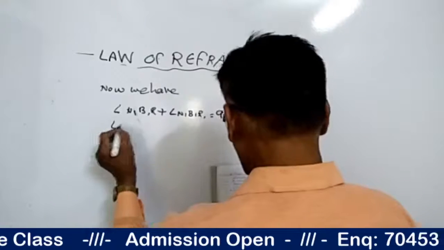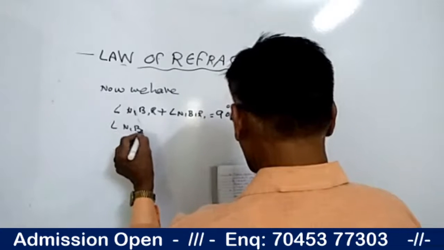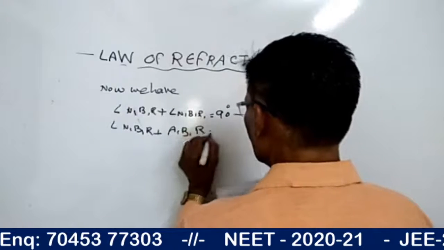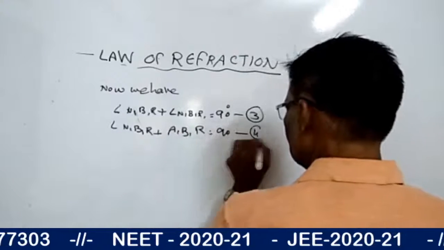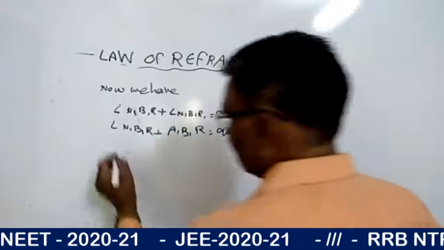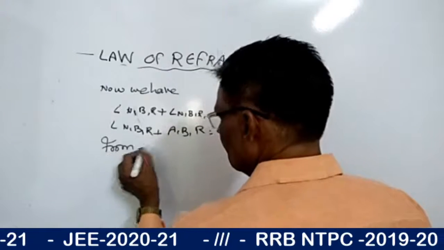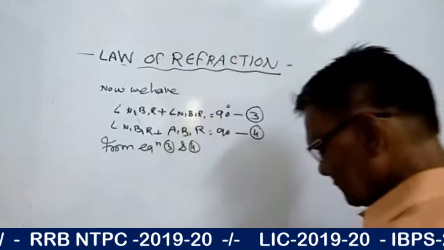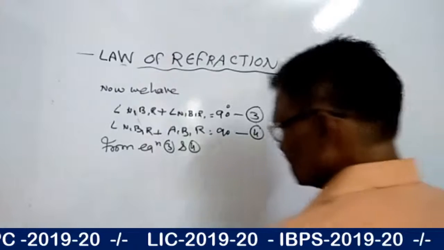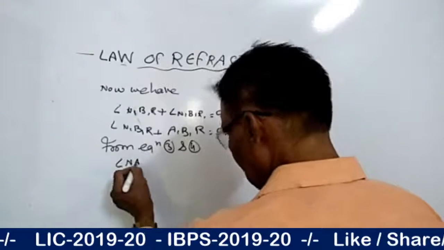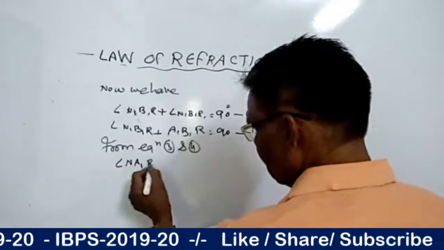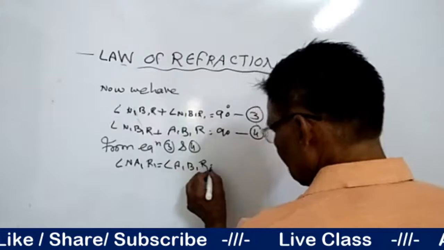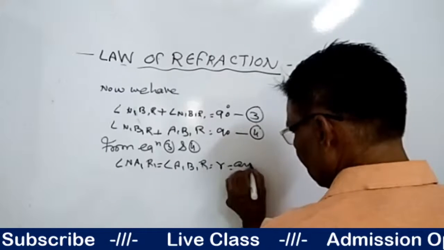And similarly angle N1B1R plus angle A1B1R equal to 90 degree, that is fourth one. Now from equation 3 and 4 we will get angle NA1R equal to angle A1B1R, that is r, that is angle of refraction.